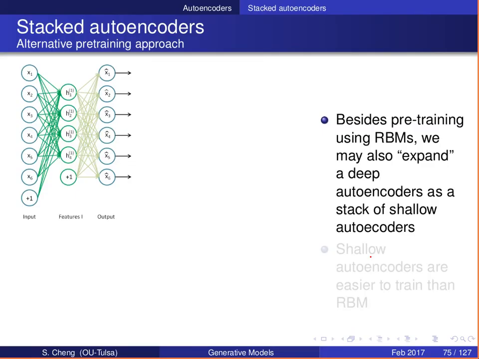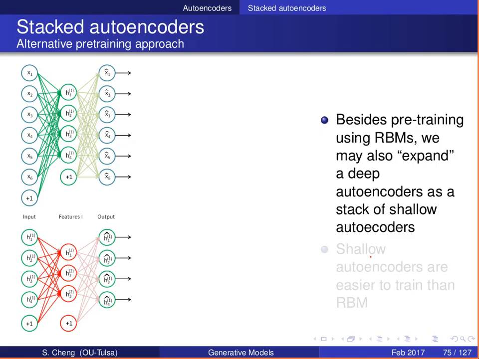There are other ways of pretraining besides using RBM. For example, later on the Bengio group in Montreal used the so-called stacked autoencoder.